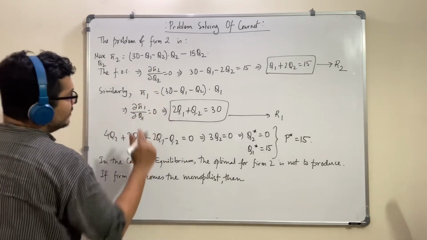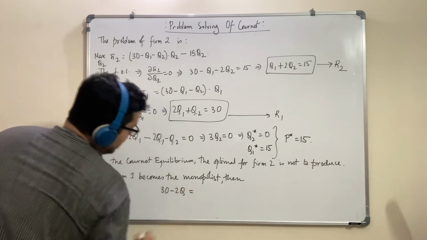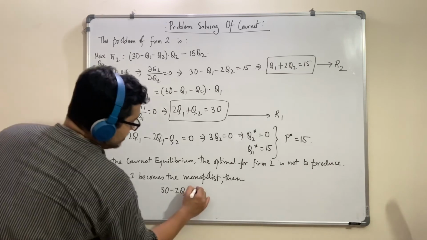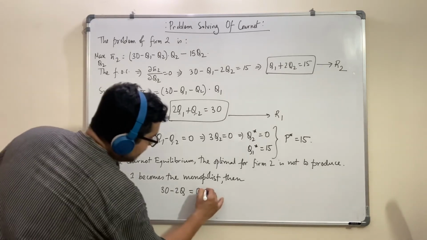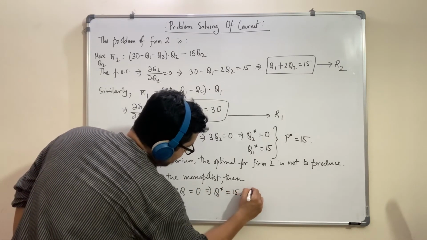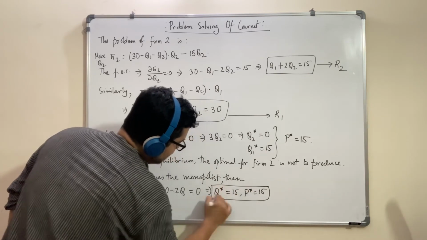So MR will be 30 minus 2Q, and MC, as we know, is 0, because it's the first farm. So if that is true, then Q star is equal to 15, and P star obviously then is 15.